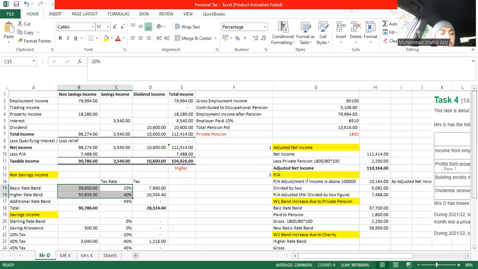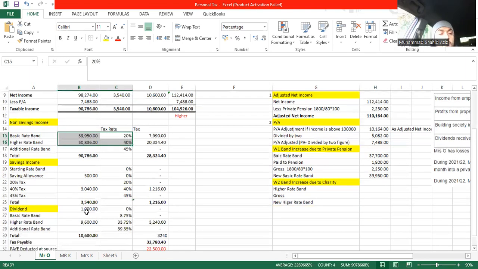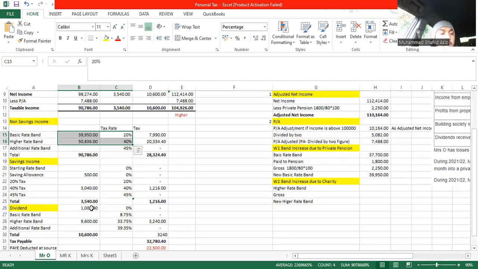The next thing is dividends. Regardless of tax band, £1,000 dividend allowance is available. So on 1,000 there is no tax, and for the remainder, because we have already utilized the basic rate band, it is in the higher rate band, 9,600. Why 9,600? Because 10,600 minus 1,000 is equal to 9,600, at 33.75% is equal to 3,240.